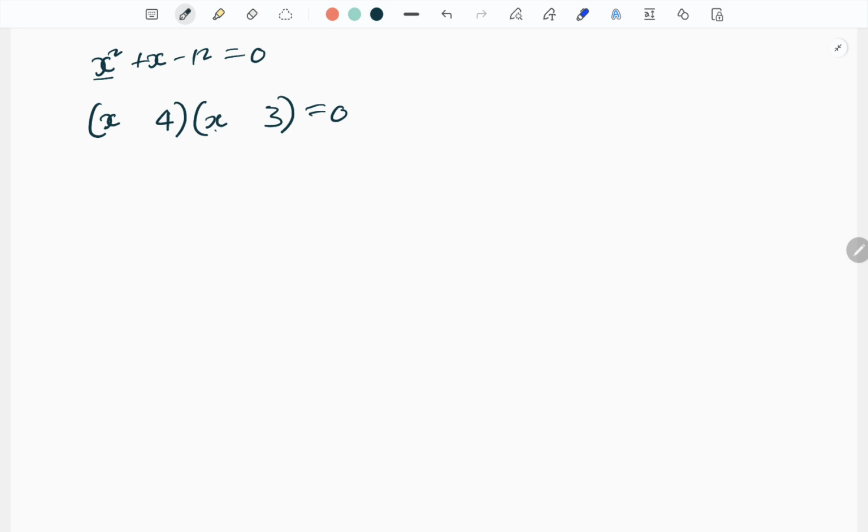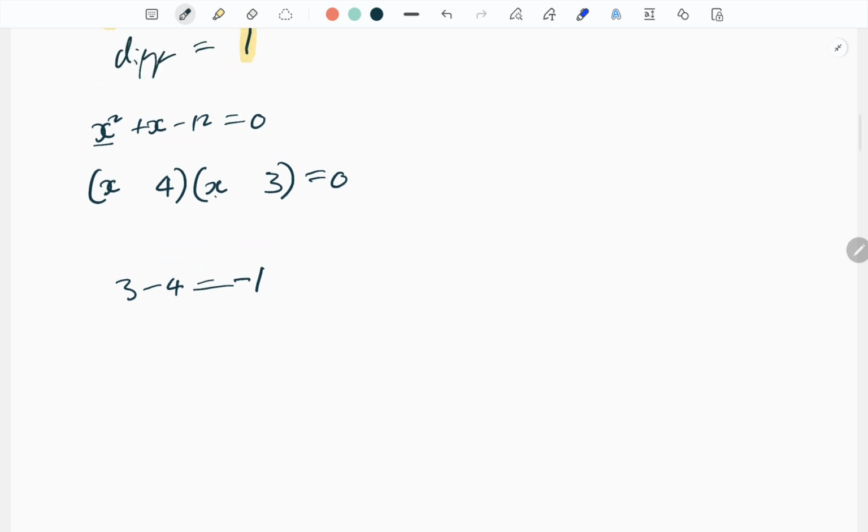What you can do is a little test. For example, let's say 3 minus 4. What's the difference here? The difference is negative 1. Now the question is, is negative 1 the same as our middle constant in our middle term? The middle term constant is positive 1, and the difference between 3 and 4 is negative.